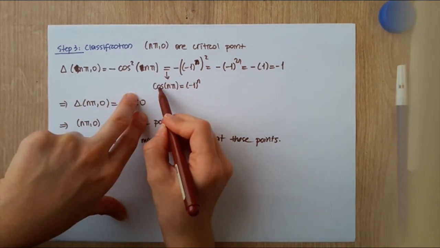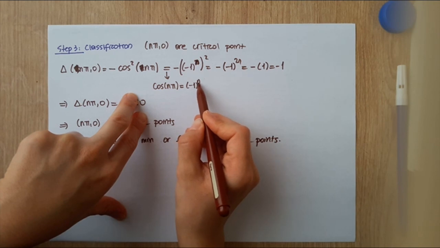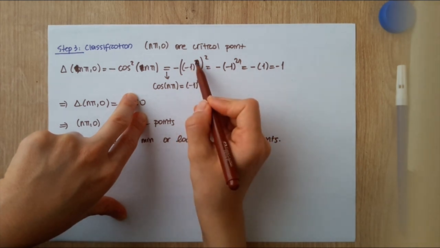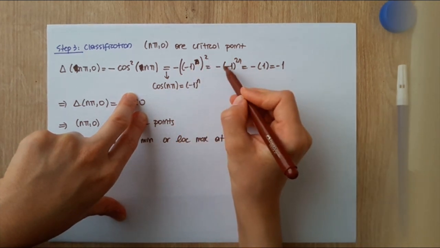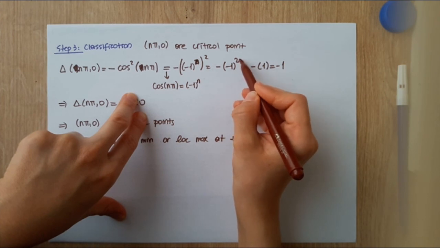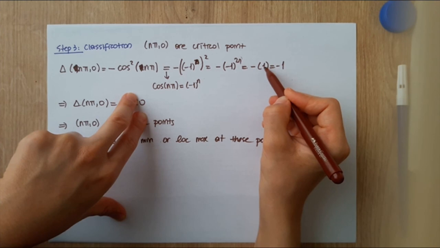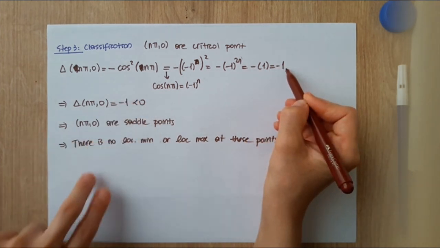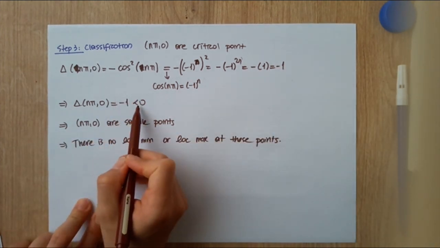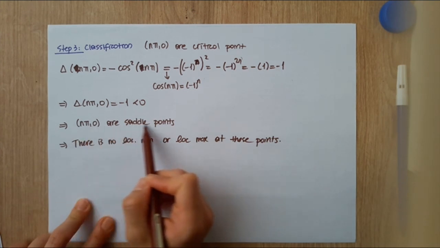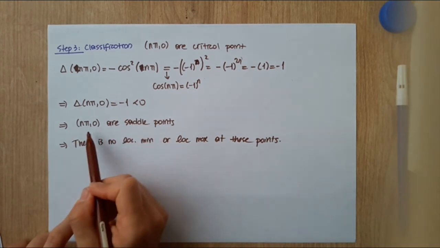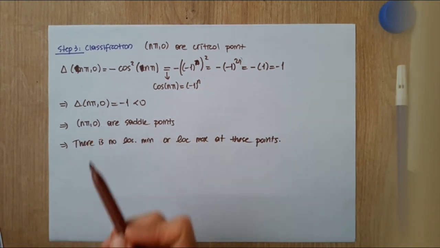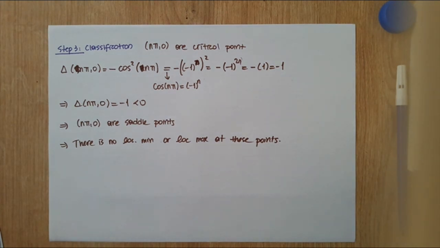And we know that cosine n pi is minus 1 to the n. So minus 1 to the n squared, which means I have minus 1 to the 2n. This is even, and minus 1 to the even number is 1. So I have at the end minus 1. Because delta is minus 1 and it is less than 0, we have saddle points at these critical points. They are saddle points, so there is no local minimum or local maximum here.